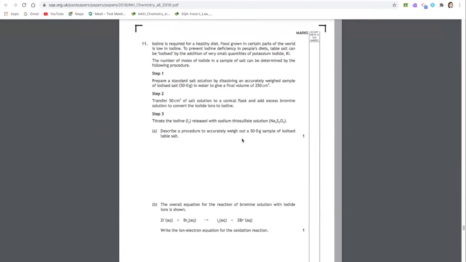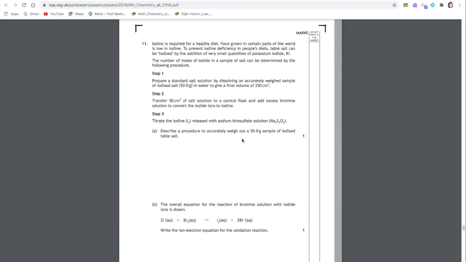So this is you describing weighing by difference. So you have your weighing boat and add the amount, 50 grams that you need, to the weighing boat. Then you would decant the table salt into whatever beaker or flask you're putting it into, and then reweigh the weighing boat at the end, and the accurate mass that you've transferred is the difference between those 2 measurements you've taken.